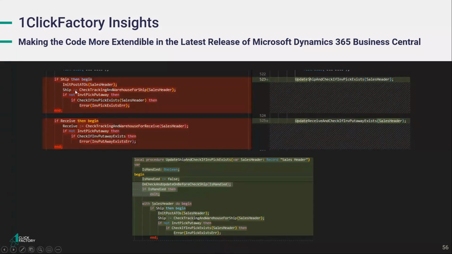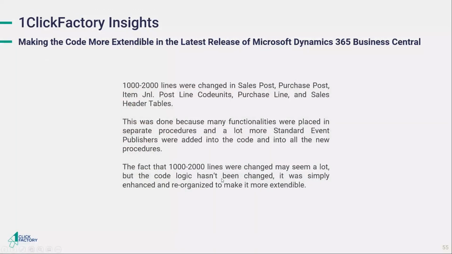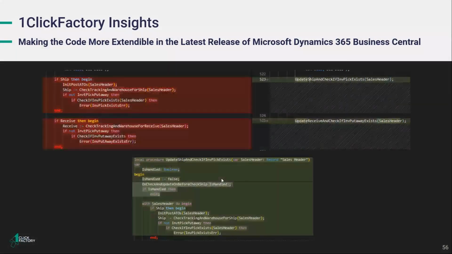So you can handle this procedure and copy the code to your subscriber and add any modification you need in this part. And even in this example, we see about 30 lines changed. So like I said, 1,000 lines changed, but about 15 to 20 functions were created.